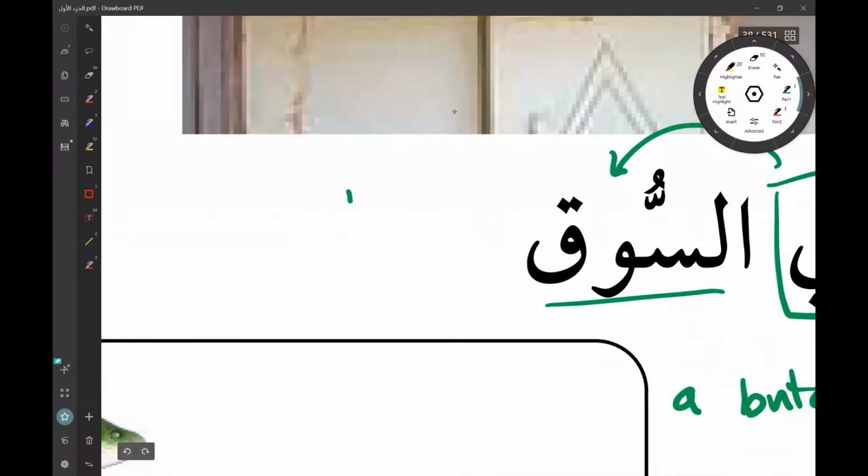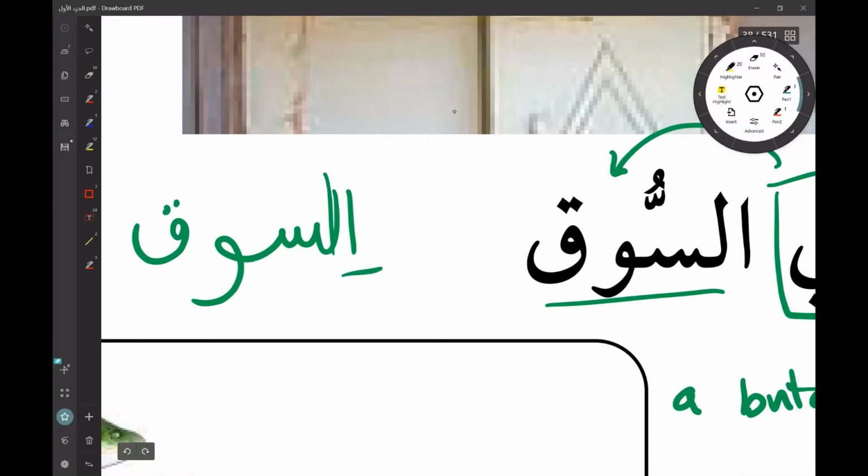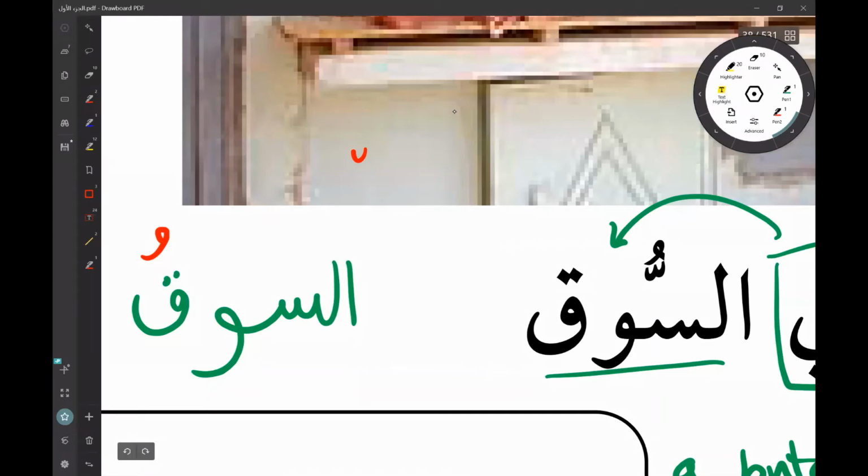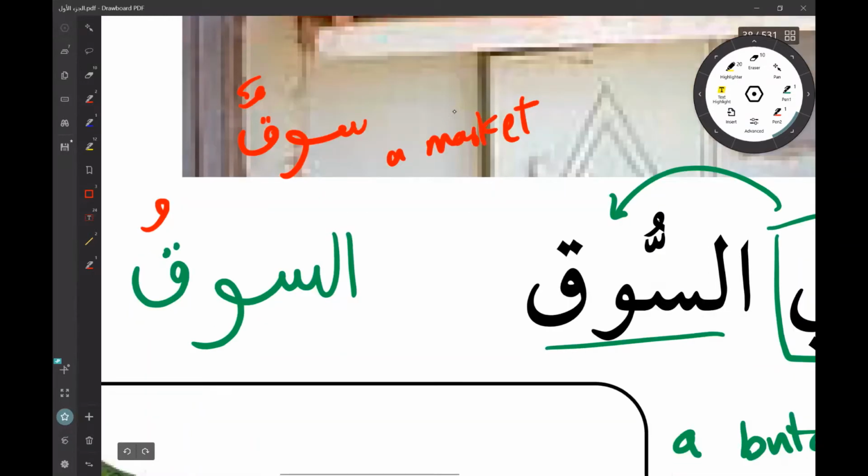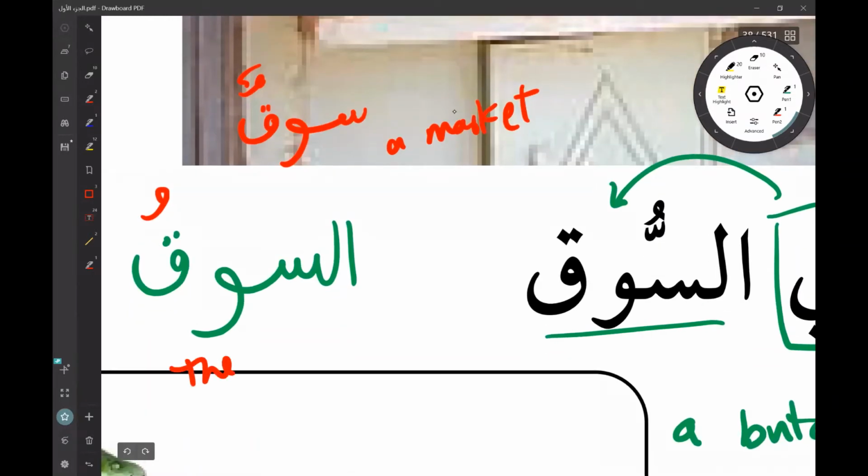When we have it with alif lam, we have to have one dhamma, instead of two dhamma. Suqun, that was a market, right? As-suqu is the market, right?